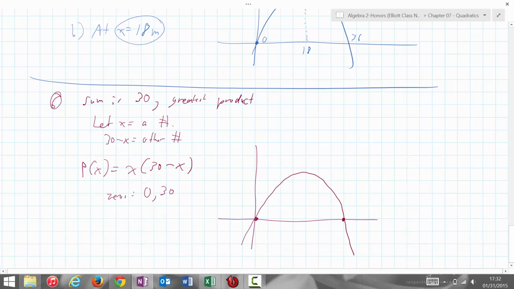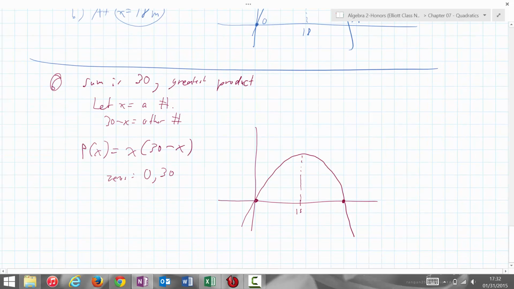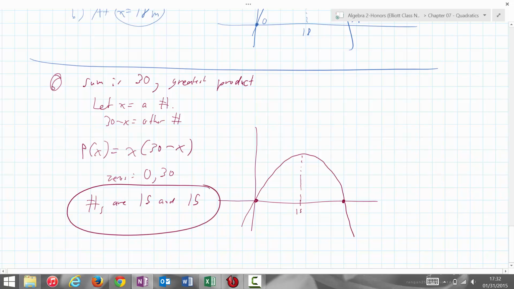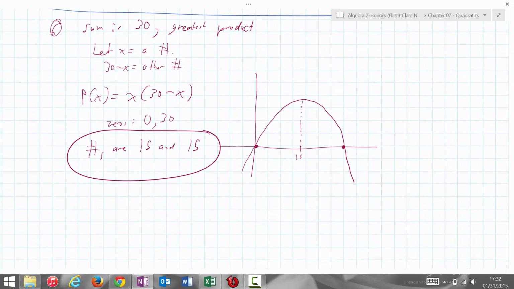So the graph is definitely going like this. And halfway between the zeros should be 15. So if x is 15, my numbers are 15 and 15. This should actually make sense because the greatest product is going to occur when the two numbers are the same. And that product will be 225.